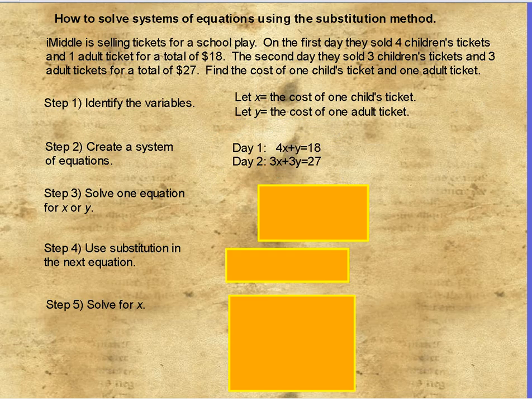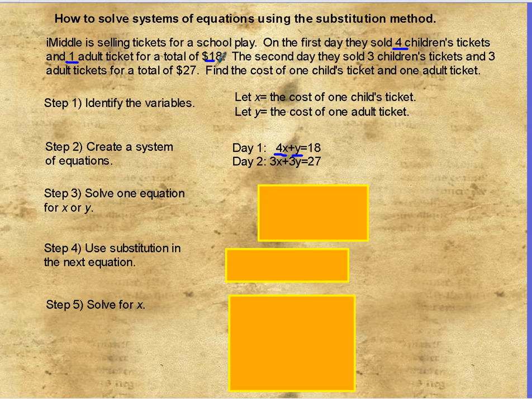Because on the first day we sold 4 children's tickets, we have 4 times x, because x is the cost of one child's ticket. Also, we have 1 adult ticket on the first day, so we just have 1 times y, or y. And we had a total of $18.